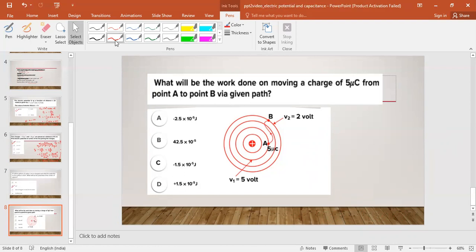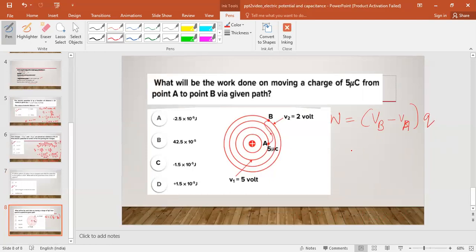So we know that the work required to bring from A to B is the final point minus the initial point, VB minus VA, into Q.